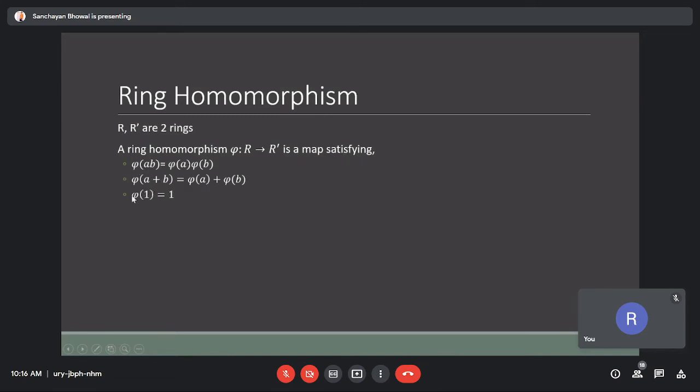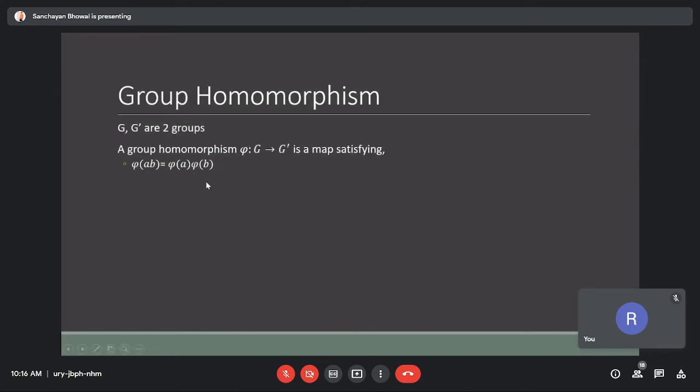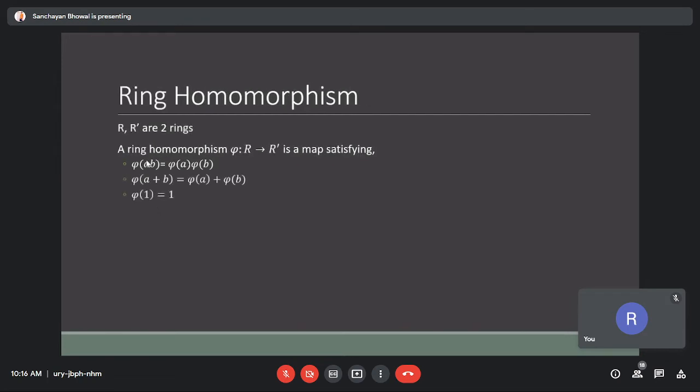As you can see, this extra condition is needed here because for groups we didn't need it, since it came as a consequence of the binary operation, because there we had multiplicative inverses. But here it is not possible because in a general ring we don't need multiplicative inverses for all the elements. So this is required as a condition.